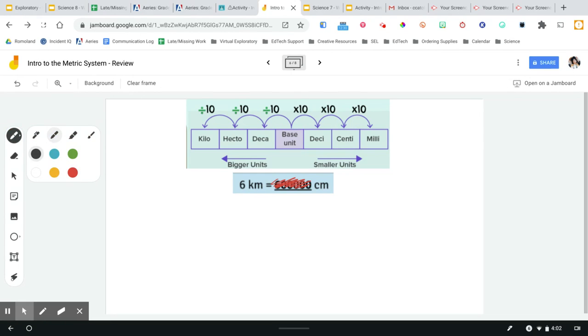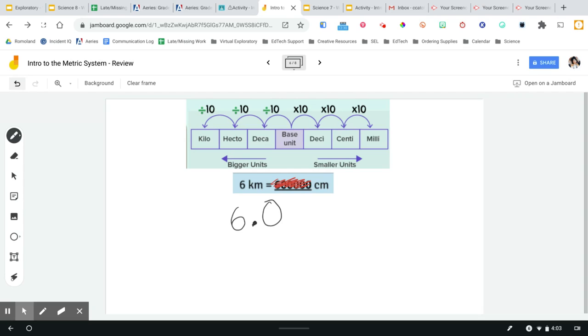First things first, what do you know? Looking at this problem here, what do you know? What I know is my starting number. I know that I'm starting with the number 6, and I can also represent that by 6.0. That means the same thing as 6.